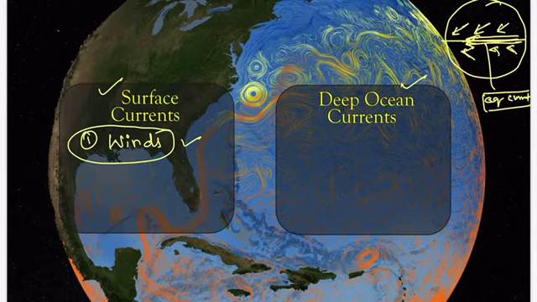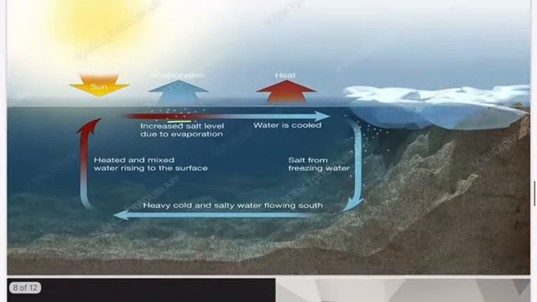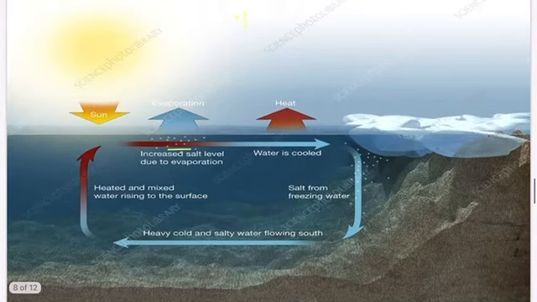Deep ocean currents happen because of density differences. Here I'll explain with a diagram. This is the cross section of the ocean.